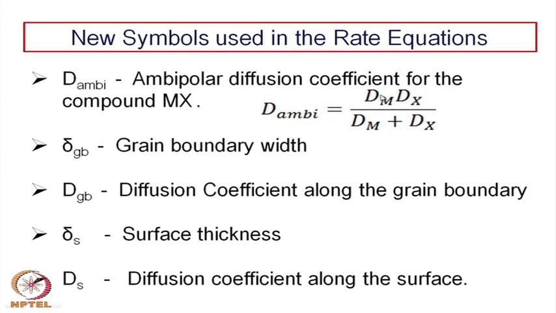This is the diffusion coefficient of the metal, diffusion coefficient of the anion, and then the diffusion coefficient of the cation and anion. So, this D subscript MB is the ambipolar, not ambivalent, sorry, I beg your pardon, this is ambipolar. I might be saying ambivalent, it is not ambivalent, it is ambipolar. Ambipolar diffusion coefficient for the two different ions, the cation and the anion, are related like this.